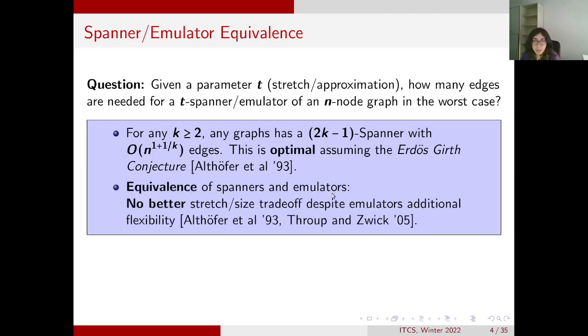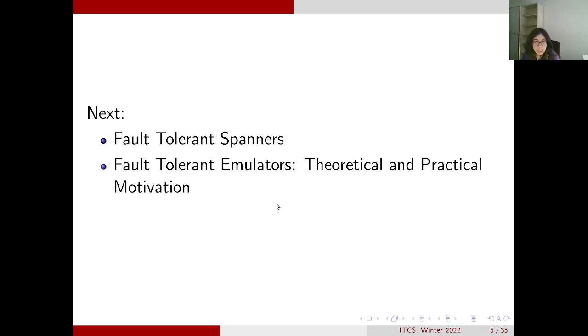But moreover, there's some equivalence between spanners and emulators, in the sense that even though we have more flexibility with emulators, this does not give us better stretch and size trade-offs in classical settings. Basically the size we would get would not be any better for emulators.